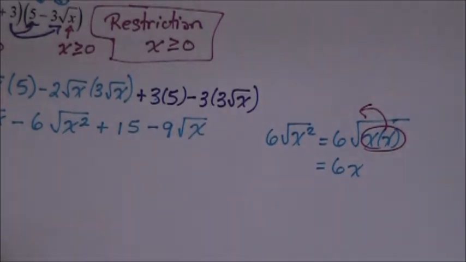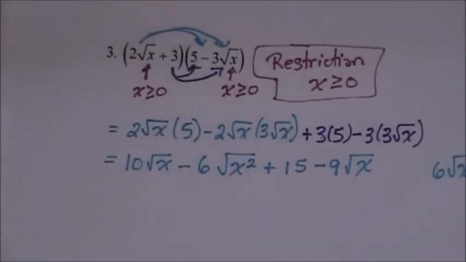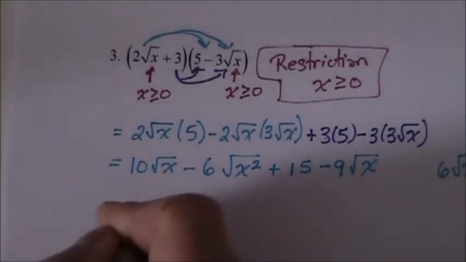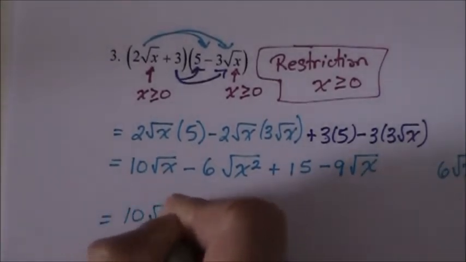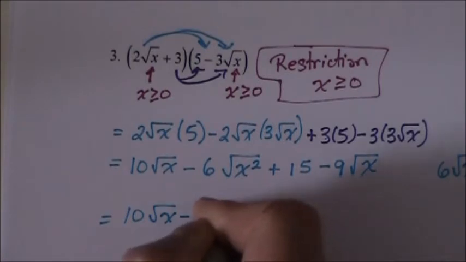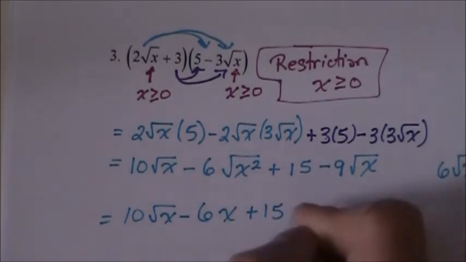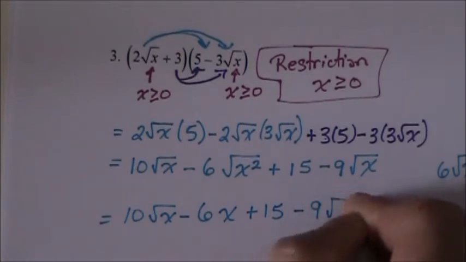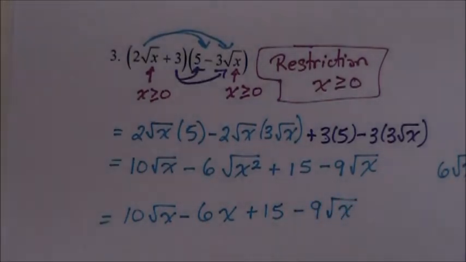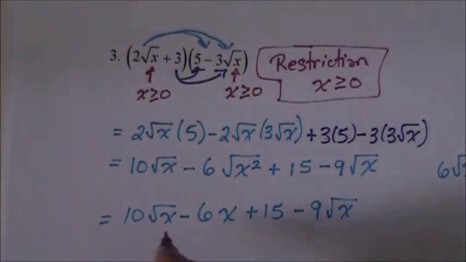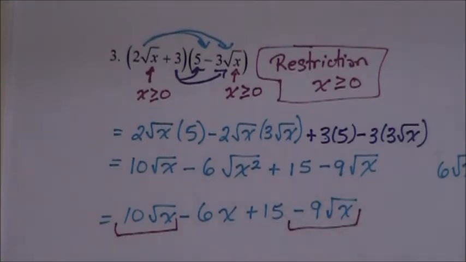So if we go back to what we had, we now have 10 square root x minus, we figured out this was 6x, plus 15 minus 9 square root x. Looking for like terms, remember the numbers under the radical sign have to be exactly the same. So these two can be combined.